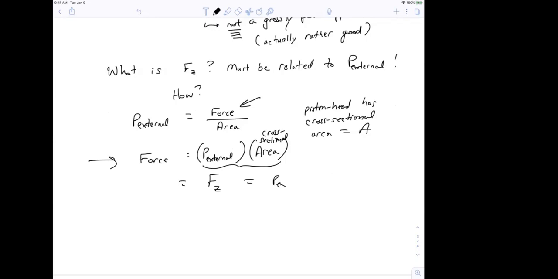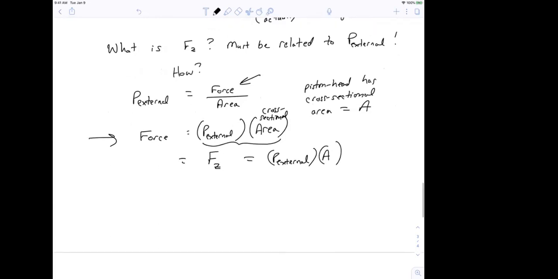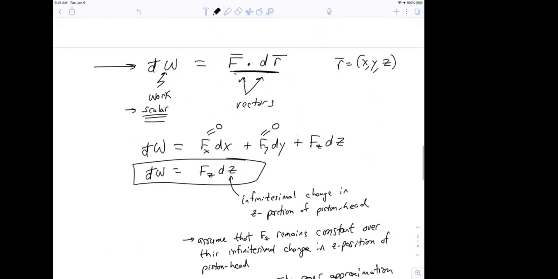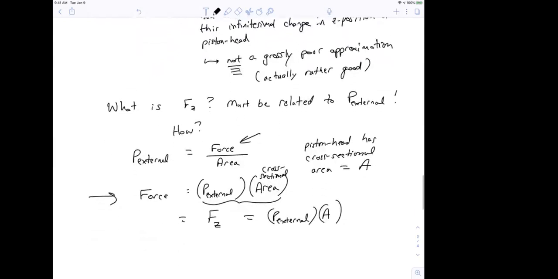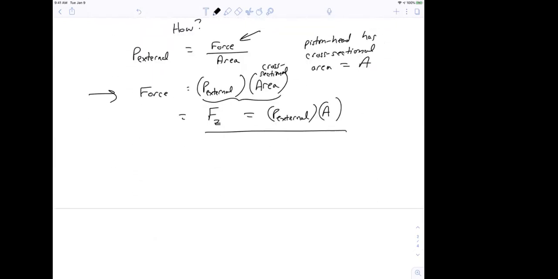That's just going to be P external times the cross-sectional area. Now, what is the cross-sectional area? Well, we don't know. We don't have to know that. So now let's go back and finish our expression for work. Now we know what F of Z is. We just computed it right here. F of Z is this guy.